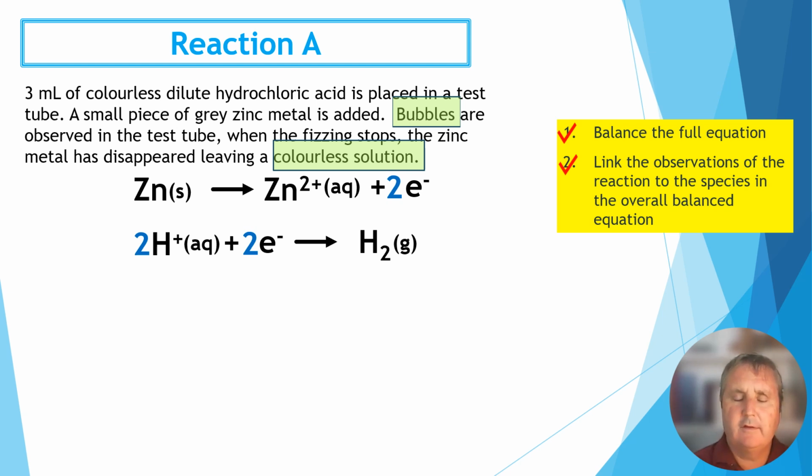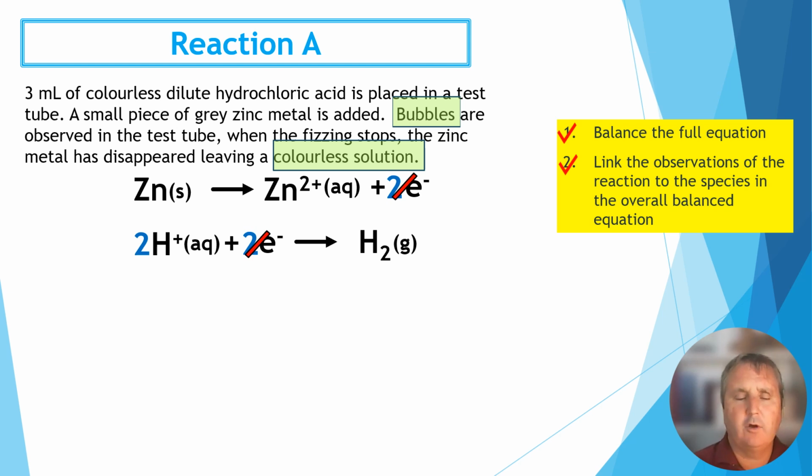What that means is that these 2 half equations can add straight together, and we can cancel the 2 electrons out. Because the zinc is donating 2 electrons to the hydrogen ion, so it can become hydrogen gas. There's an exchange of electrons. That's what's happening in oxidation-reduction equations.